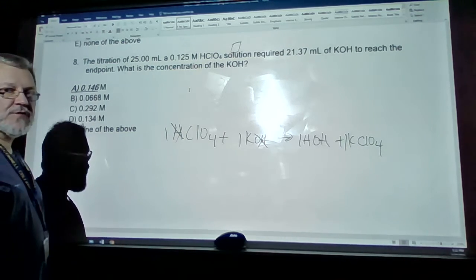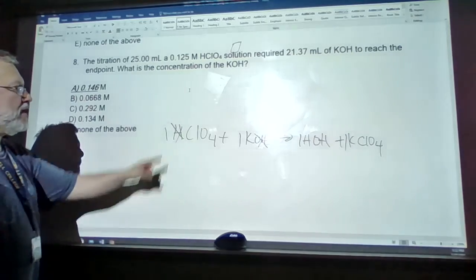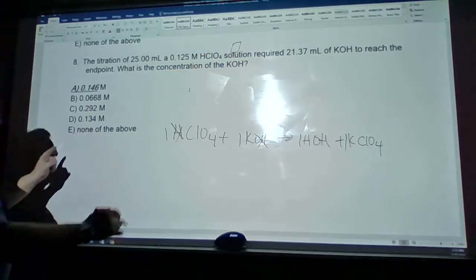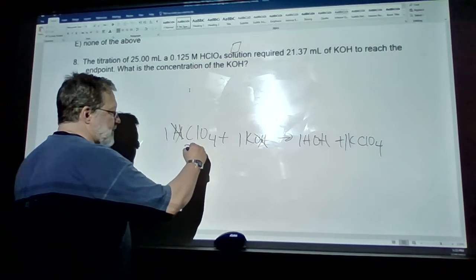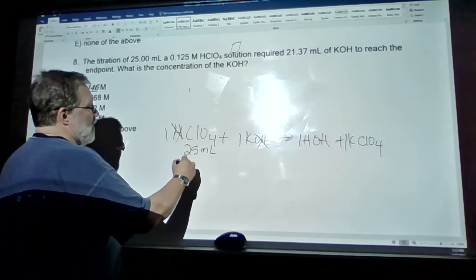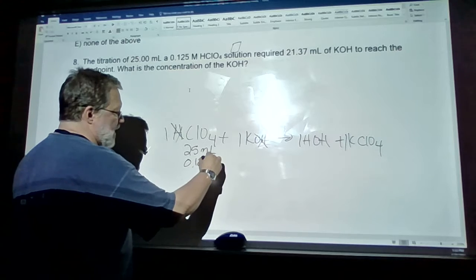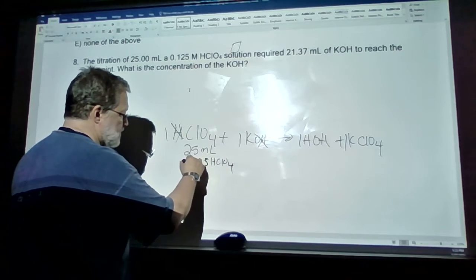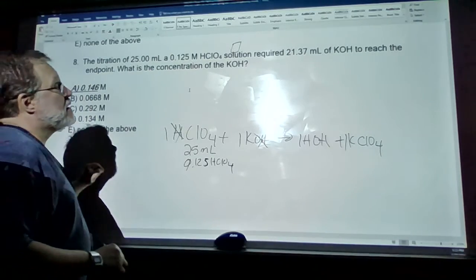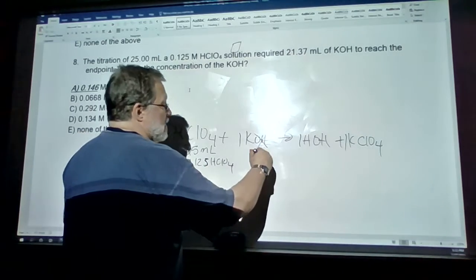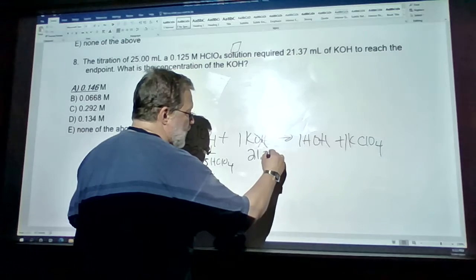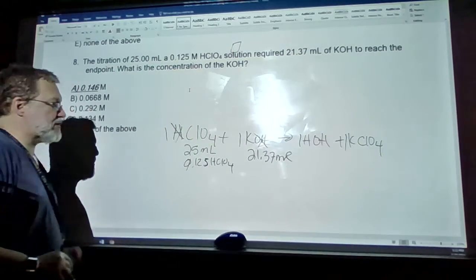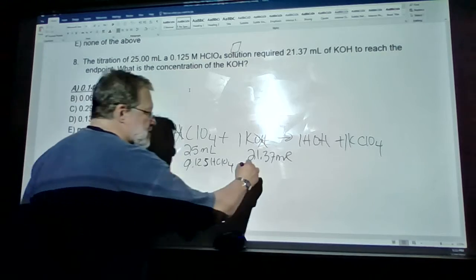Let's write some other information down that we have associated with these values in our equation. We have 25 ml of a 0.125 M HClO4 solution. We have 21.37 ml of our KOH solution. What is the concentration here?